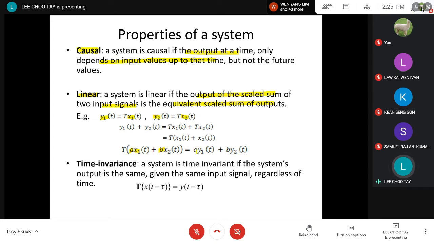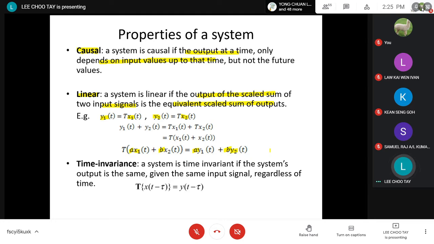The output y1 will be multiplied by a, and y2, which is the transformed version of x2, which has been multiplied by b, will be multiplied by b as well. So a system that creates this kind of output is called a linear system.